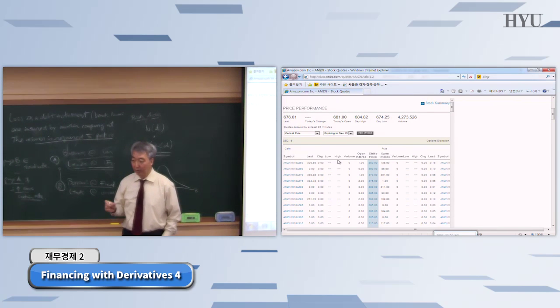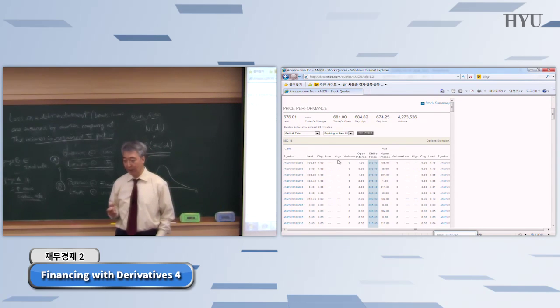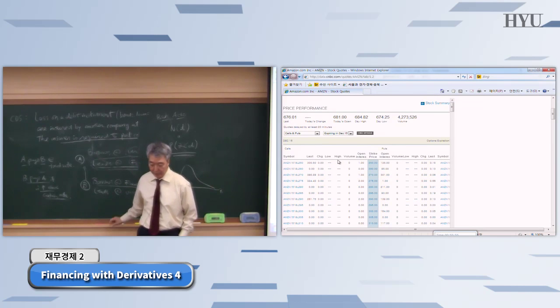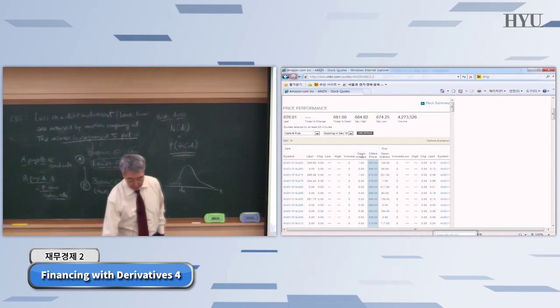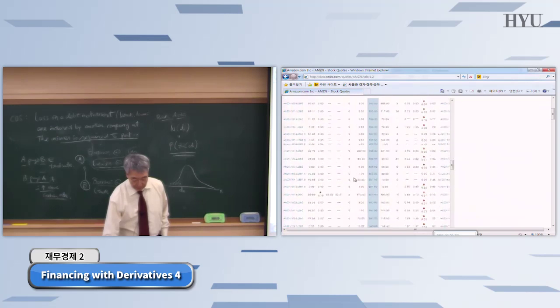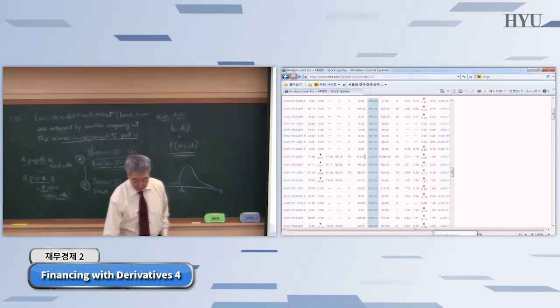So only if bid price equals ask price, or if bid price exceeds the ask price, then the transaction will occur, right? If bid price is less than ask price, then it will remain open. Okay? It's called open interest here, right? Open interest, 1 unit. These are a number of units. I think I told you each unit is 100 shares. Okay? So if you go down here, there are some open interest, 812 units remaining, right?